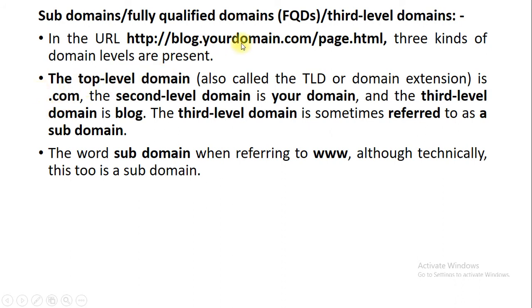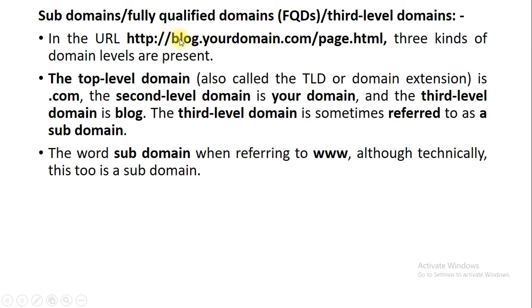And over here, blog.yourdomain.com, in this particular URL, .com is the top level domain, right? Second level domain is what? Your domain. Over here, blog.yourdomain. So this is called second level domain, and third level domain is called subdomain, and subdomain means what? Blog.